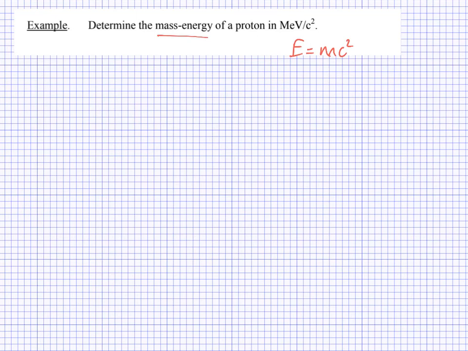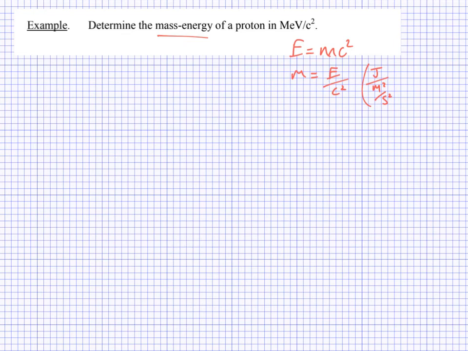So if we wanted to know the mass of an electron, we could just rearrange this equation and say that it's just E over c squared, and that's really what this unit is saying. I could communicate my mass in kilograms, or I could also communicate it in energy per meters per second squared. Now, if I had that in joules, it would be joules divided by meters per second squared.